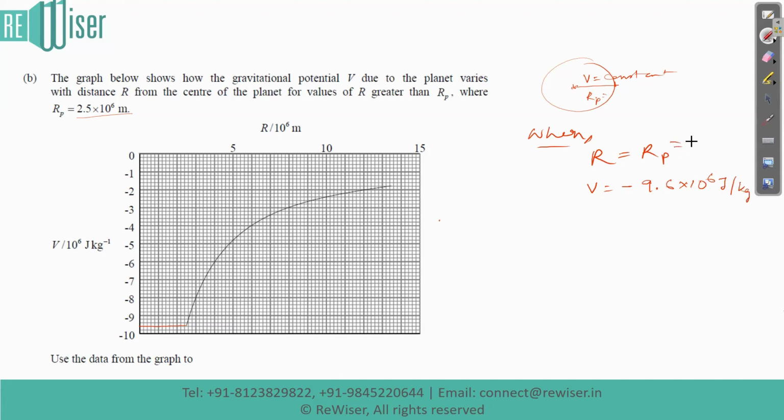And rp is 2.5 times 10 to the power 6 meters.